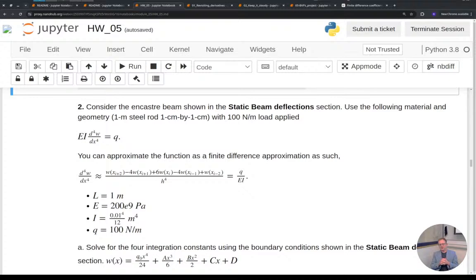Should we try some encastre beam, so like fixed, clamped and clamped beam solution? Do some more while we're on a roll of finite difference.